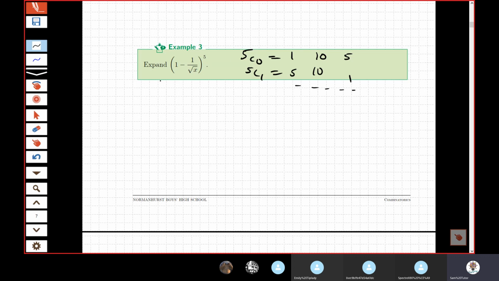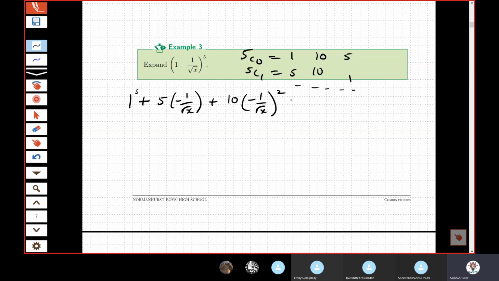First one, 1 to the power, and then your coefficient is 1, so that's just going to be 1. Plus 5, that's 1 to the power of 5 technically. 1 to the power of 4, but then negative 1 root x to the power of 1. Plus 10, and then again 5, 4, this would have been power of 3, so then this one's going to be power of 2.